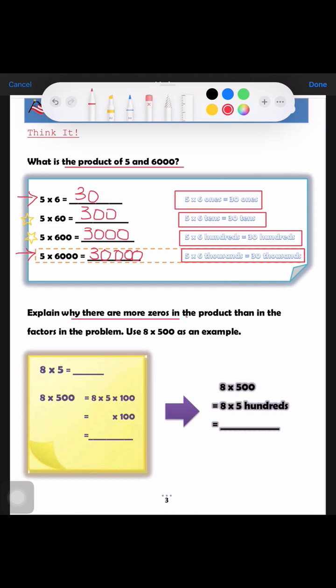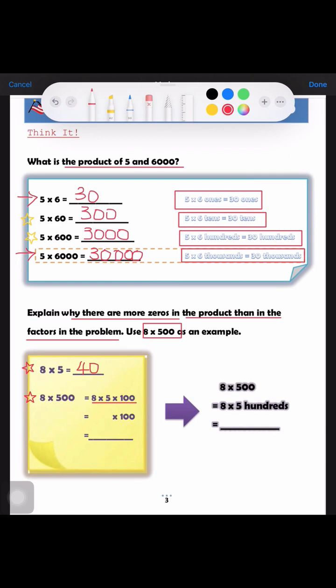Explain why there are more zeros in the product than the factors in the problem. Use 8 times 500 as an example. So 8 times 500, the basic fact is 8 times 5, which is equal to 40. There is 1 zero in the product. 8 times 500 equals to 8 times 5 times 100.